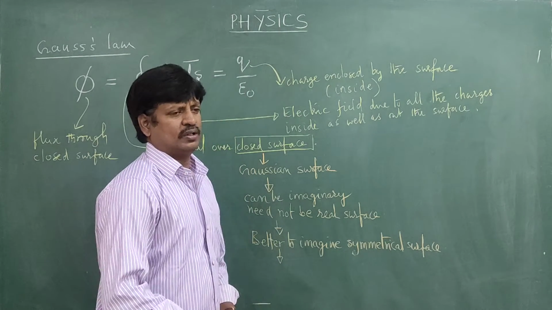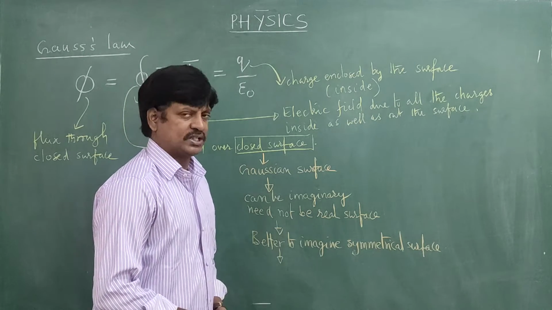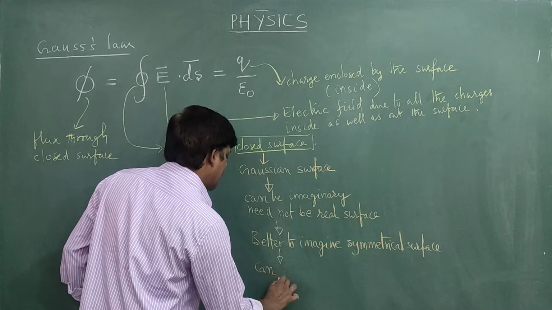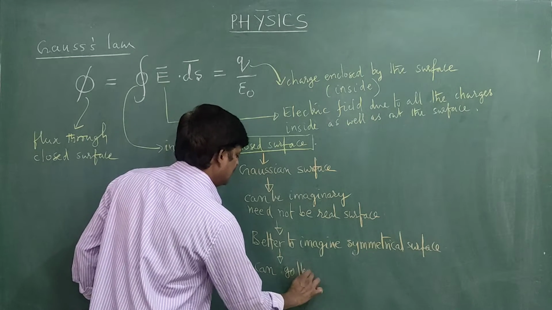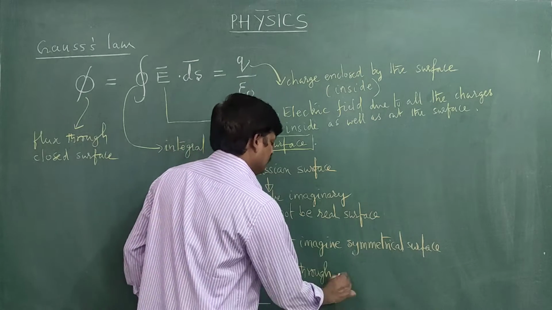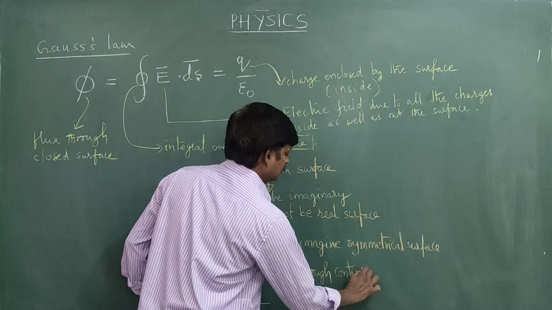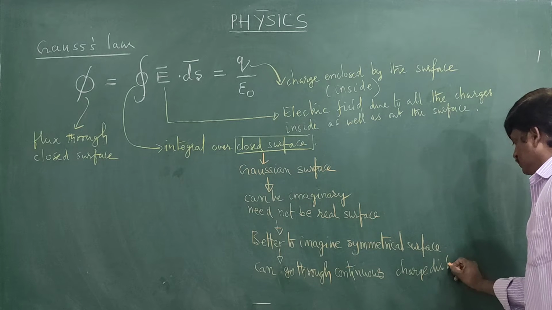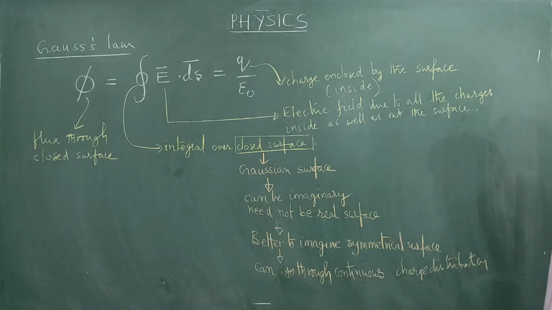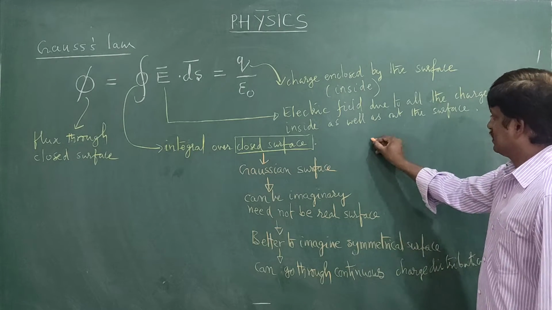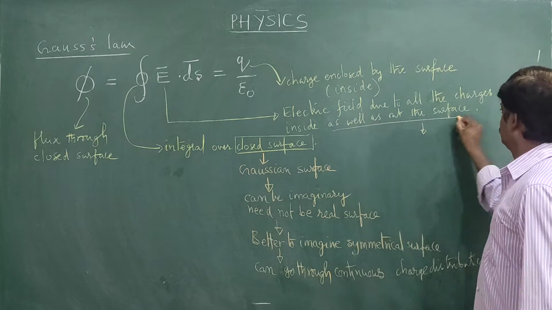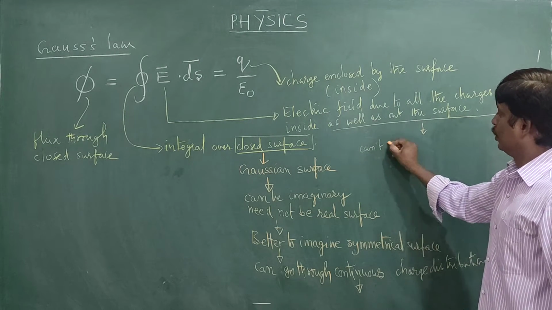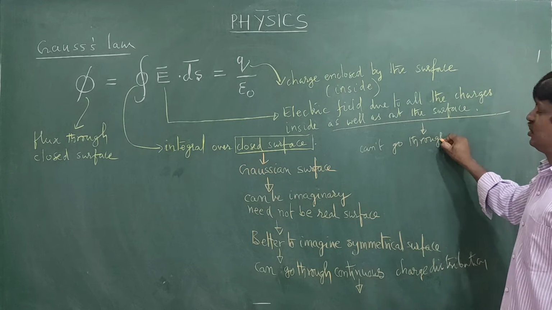And that surface can go through continuous charge distribution, but it cannot go through discrete charges.